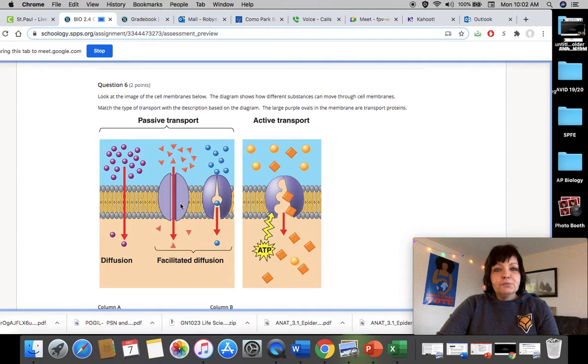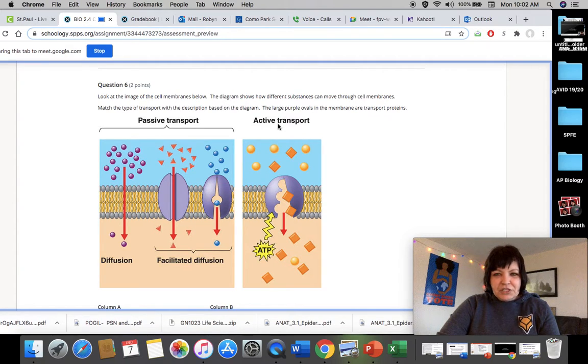The large purple ovals in the membrane are transport proteins. Okay, so these purple things here, hopefully nobody's colorblind that's watching this, I should have been a little more clear, but these are the transport proteins. And there's 2 kinds of transport: passive transport and active transport.